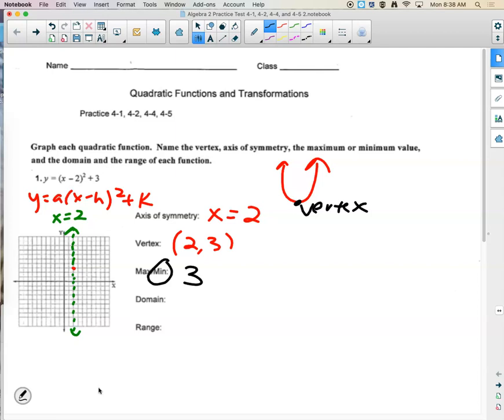Like so. But really, what we want to do is take the parent function and move it, right? So I try to remember what was the parent function. Do you remember what we use?